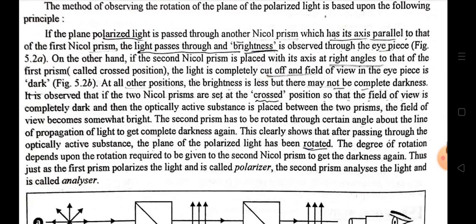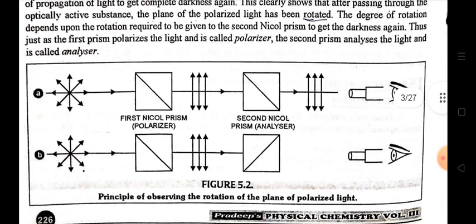This clearly shows that after passing through the optically active substance, the plane of the polarized light has been rotated. The degree of rotation depends upon the rotation required to be given to the second Nicol prism to get the darkness again. Thus, just as the first prism polarizes the light and is called the polarizer, the second prism analyzes the light and is called the analyzer. Figure 5.2a and Figure 5.2b.